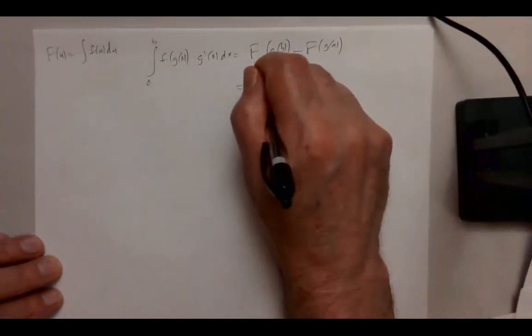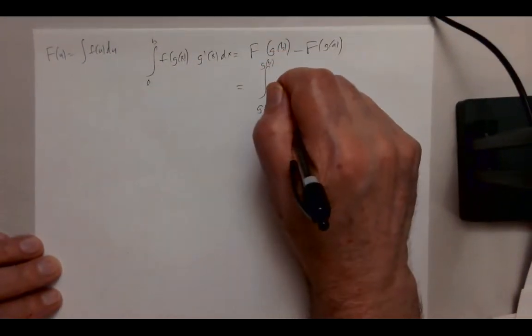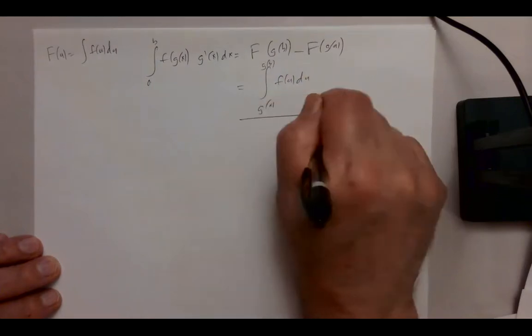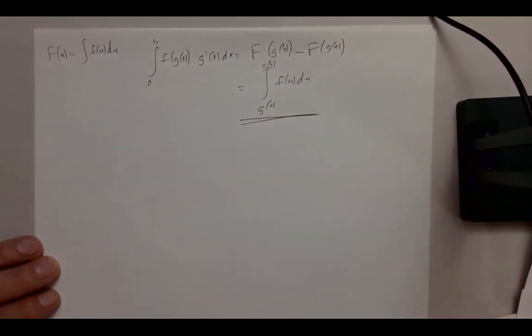Well, let me write it in the form that we're using it. It's the integral from g of a to g of b of f of u du. That's the form we want.